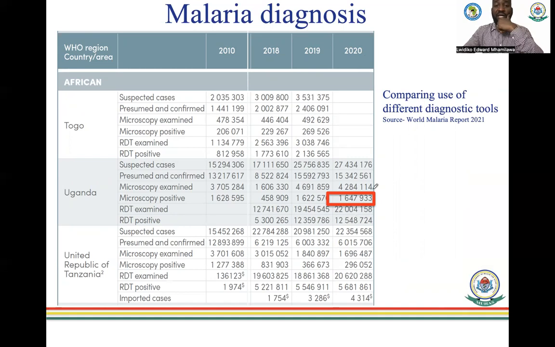Now, if you look at the rapid diagnostic tests, they examined 22 million. And out of these, how many came positive? 12 million, right? So you can see the difference when it comes to the ability to detect malaria. The rapid diagnostic tests have shown to be much more useful in catching missed cases.